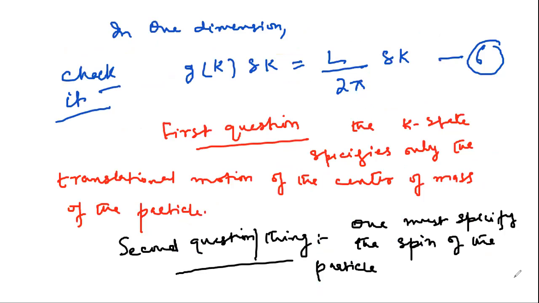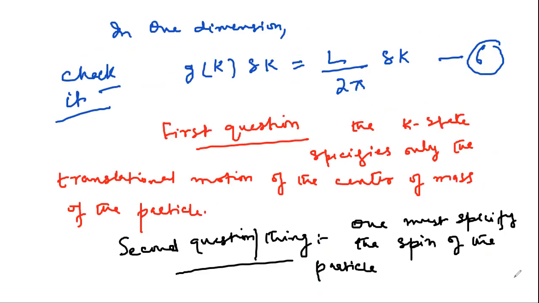When we consider these k states, those k states are only specifying the translation motion of the center of mass of the particle. It ignores the internal degrees of freedom. We have to take those internal degrees of freedom, if they exist in the problem, into consideration. Second thing, we have to specify the spin of the particle also mathematically.